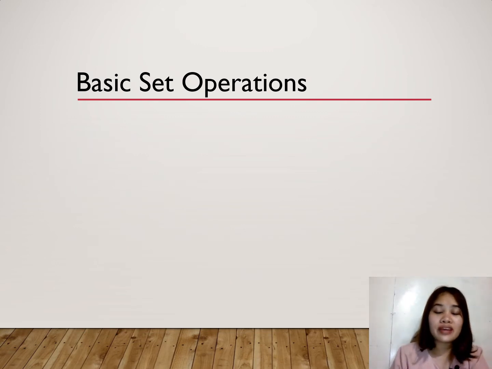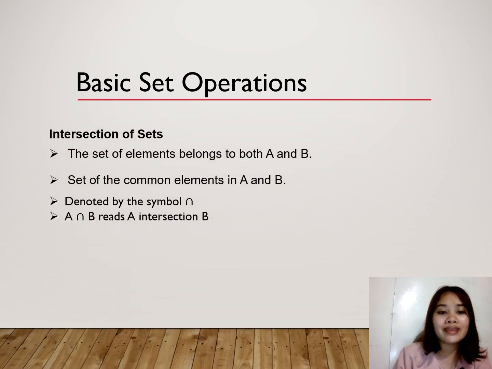Okay, let's have the other set operation. So, the intersection of sets. In this operation, the elements that are common between set A and set B, and the symbol is denoted with this.